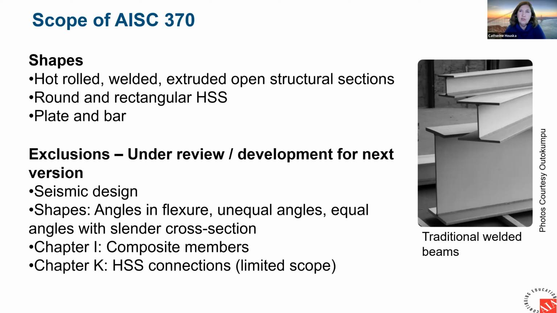It does not include seismic design, some of the shapes, composite members, or HSS connections, other than a limited scope. Part of this was simply what information we had available, and there is active work occurring to add these to the next version, because certainly stainless steel has been used for seismic design for some time.